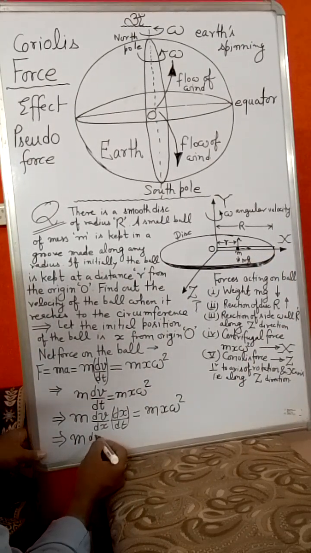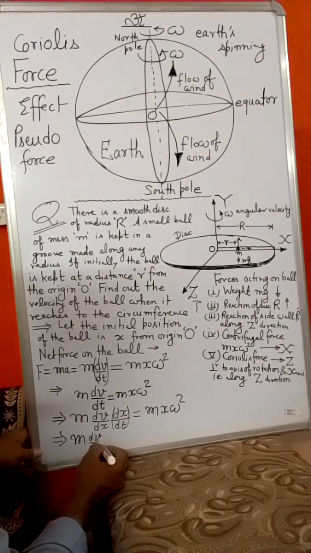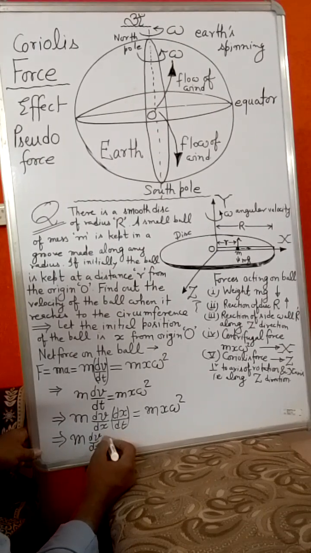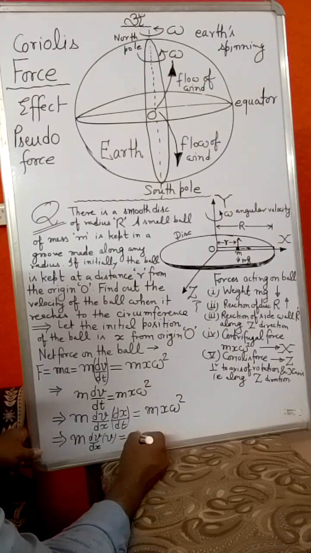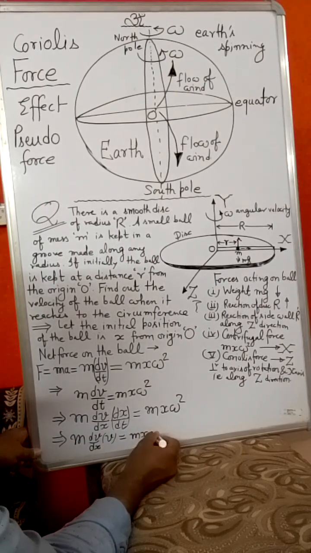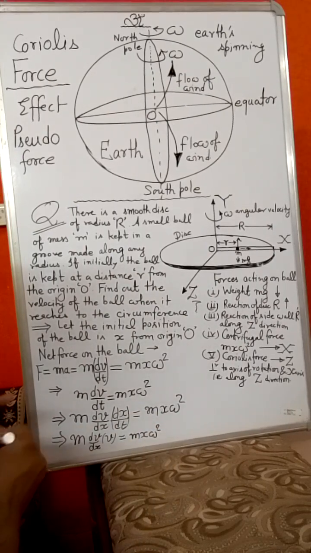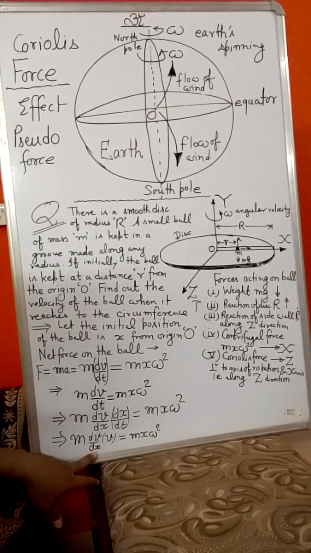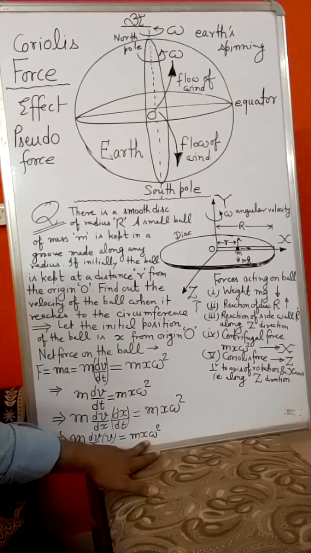So m times dv over dx into v is equal to m x omega square, right? Now this dx is here, and in the RHS we see that x is here.